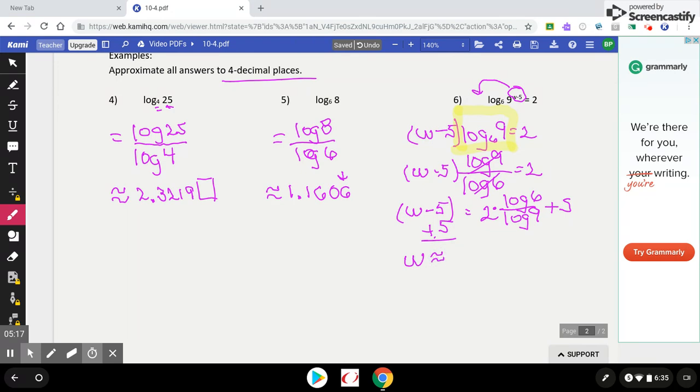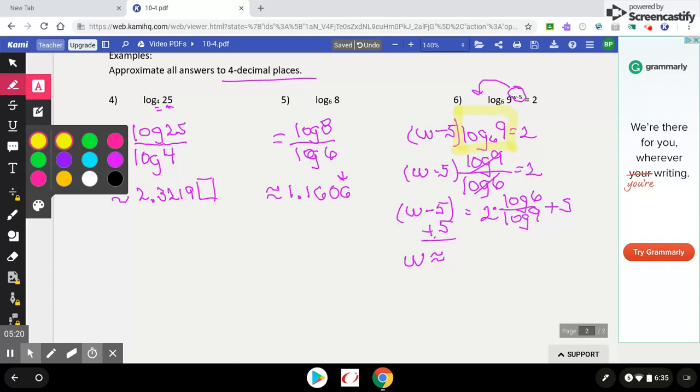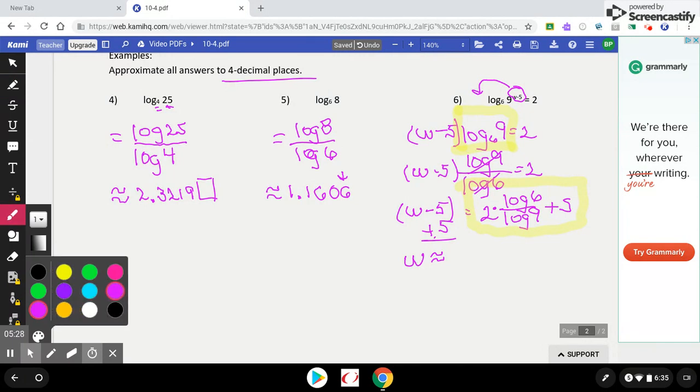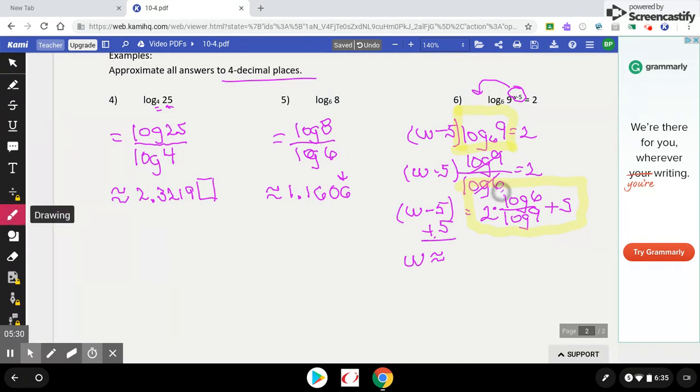I am going to pick up my calculator and type that in. Keep one thing in mind: put parentheses around fractions so your calculator knows it's doing a fraction. You've got to type this in horizontally. I've got a 2 times, using parentheses, log 6 divided by log 9.